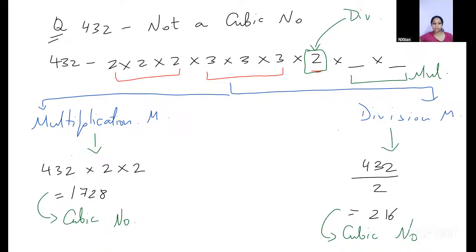Now, I want you all to calculate for 256, which is not a cubic number. Find out the factors, then make one cubic number with the multiplication method and make one more cubic number with the division method. 256.